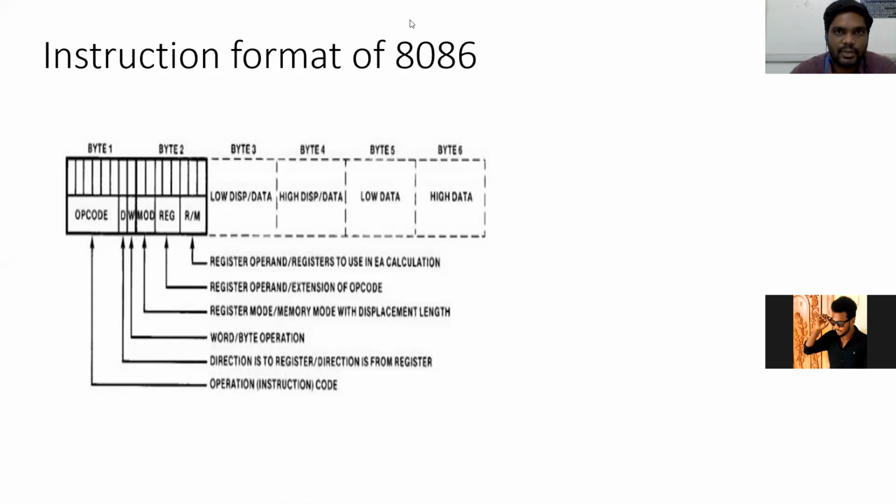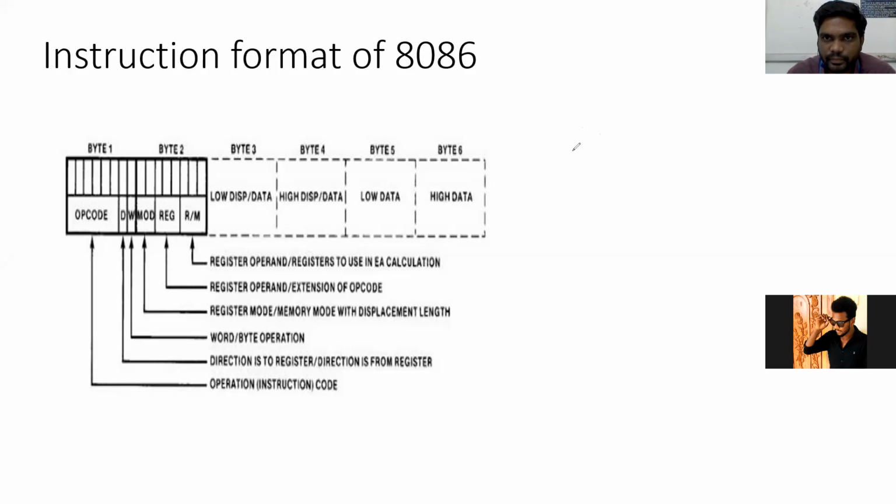What is the instruction format of 8086? In the previous classes, before actually entering into the addressing modes of 8086, I explained to you the format of instructions in 8086.